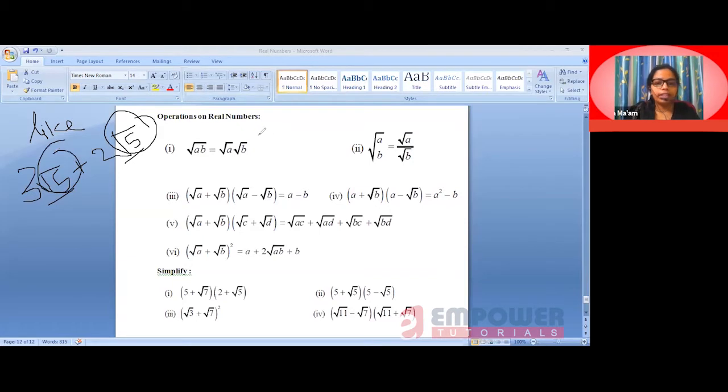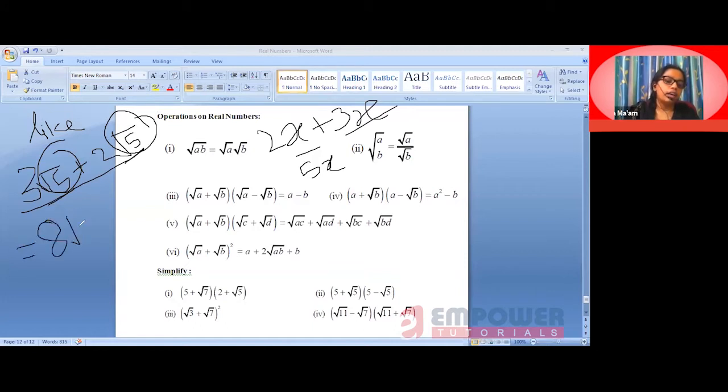Compare it with 2x plus 3x. In this case, you have the same variable on both sides, so you can easily add these two numbers. Same is the case for this. Here you have root 5 and root 5 on both sides, so you can easily add this number and you can say the answer is 8 root 5.